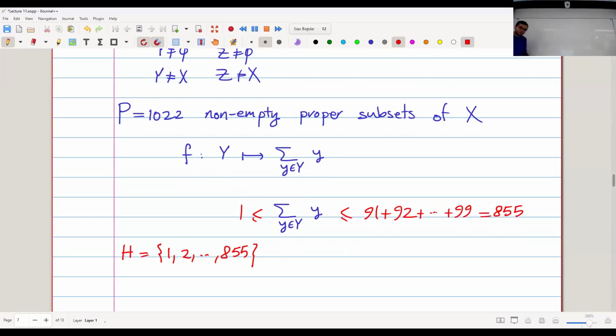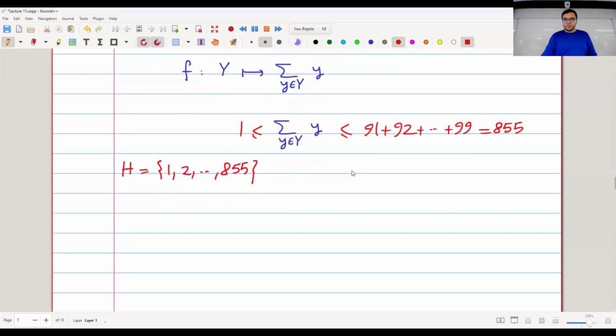Right. 1022 is more than 855. So there are two subsets that have the same sum. Okay, so we just proved that there are two proper subsets.